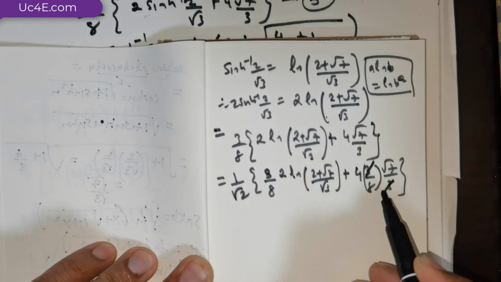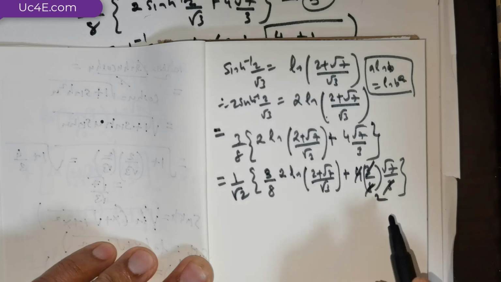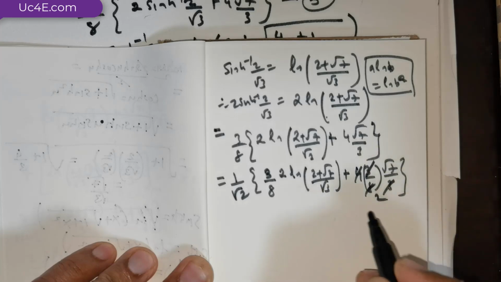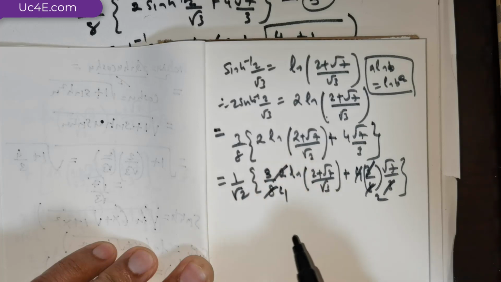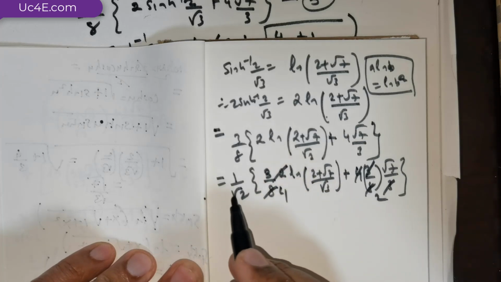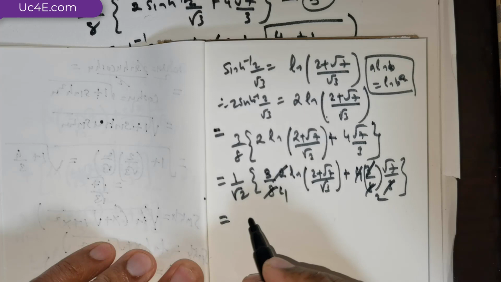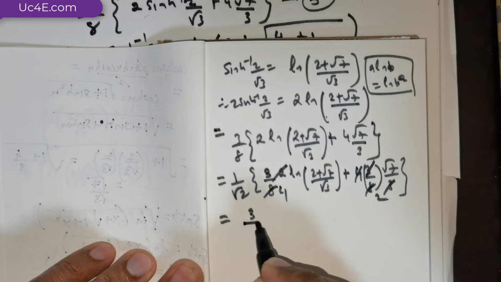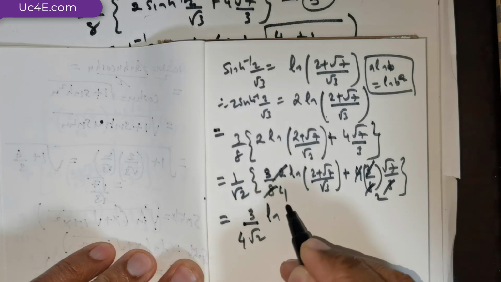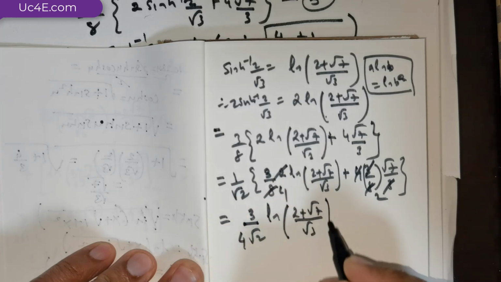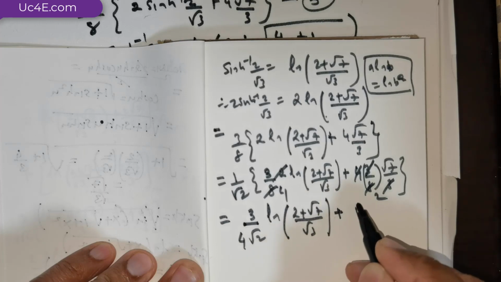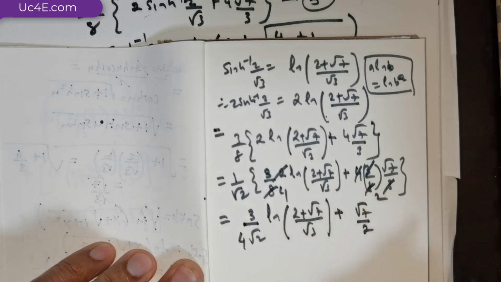Now 3 gets cancelled, 4 divides 8 2 times, so this is root of 7 over 2, and over here 2 divides 8 4 times. So if I were to bring this 1 over root 2 inside, this is going to be 3 over 4 times root of 2 times ln of 2 plus root of 7 divided by root 3 plus root of 7 divided by 2.